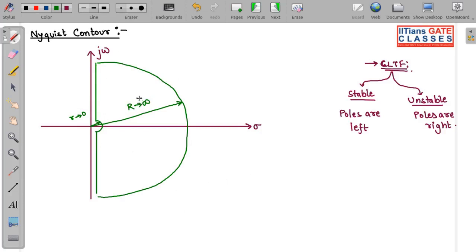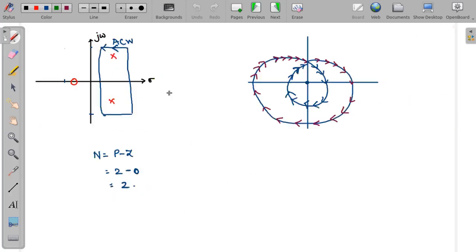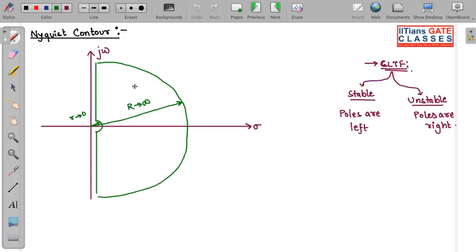Now, why does our contour look like this? See, when we were over here, we wanted a closed contour. We are going to see in a few moments that we are searching for poles and zeros, specifically the poles of CLTF that lie in the right hand side of the S-plane.